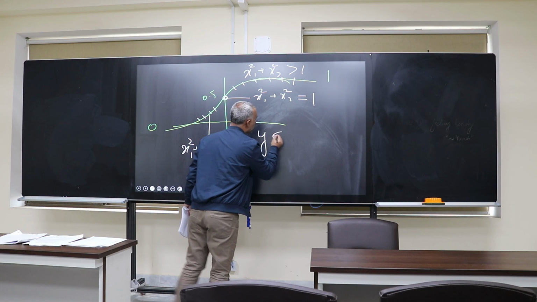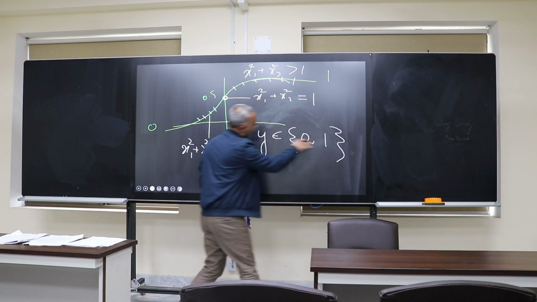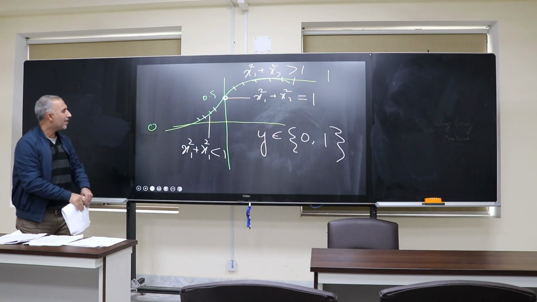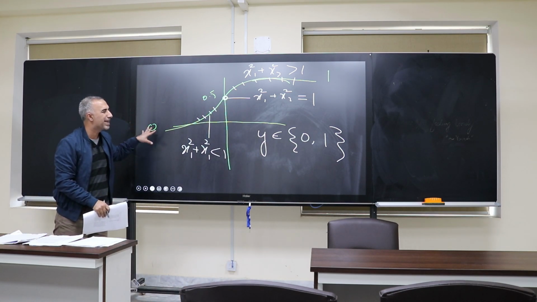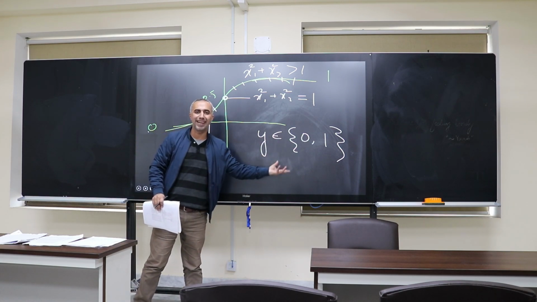So our output will be classified between 0 and 1. If it is projected to 0, then it's benign. If it is projected to 1, then it will show some kind of malignant concept.